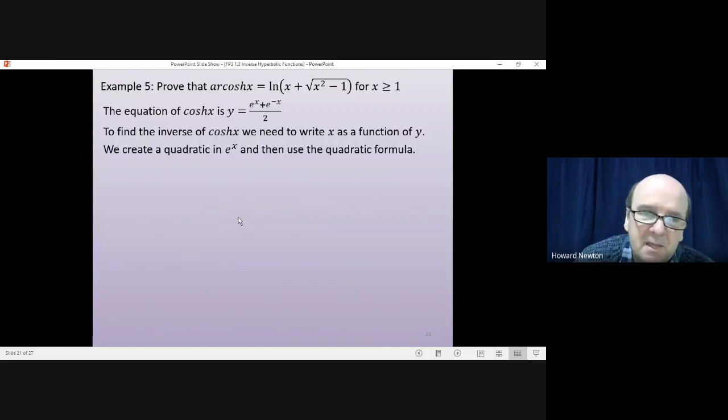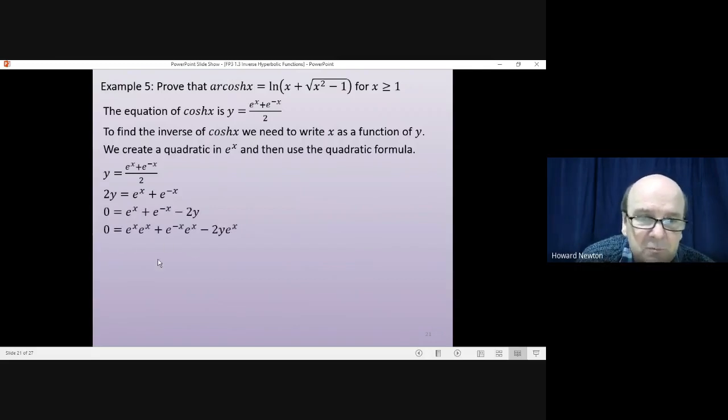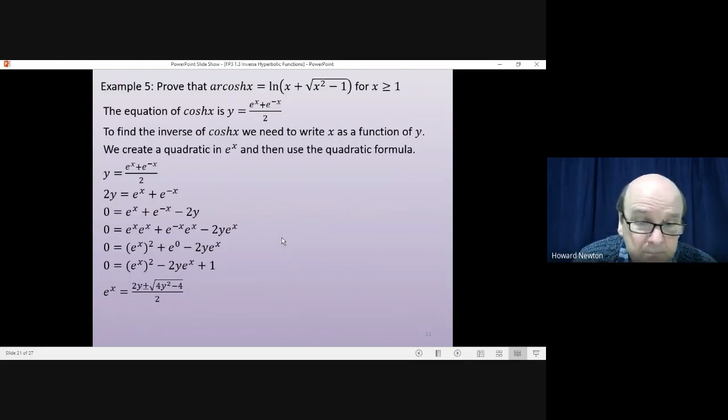Okay, let's have a look. So that's the definition of cosh x. Again, exactly the same as before, moving the 2 across, rearranging things, multiplying through by e to the x, tidying things up, and collecting the terms together till we have a quadratic in e to the x. And then using the quadratic formula, we will get that.